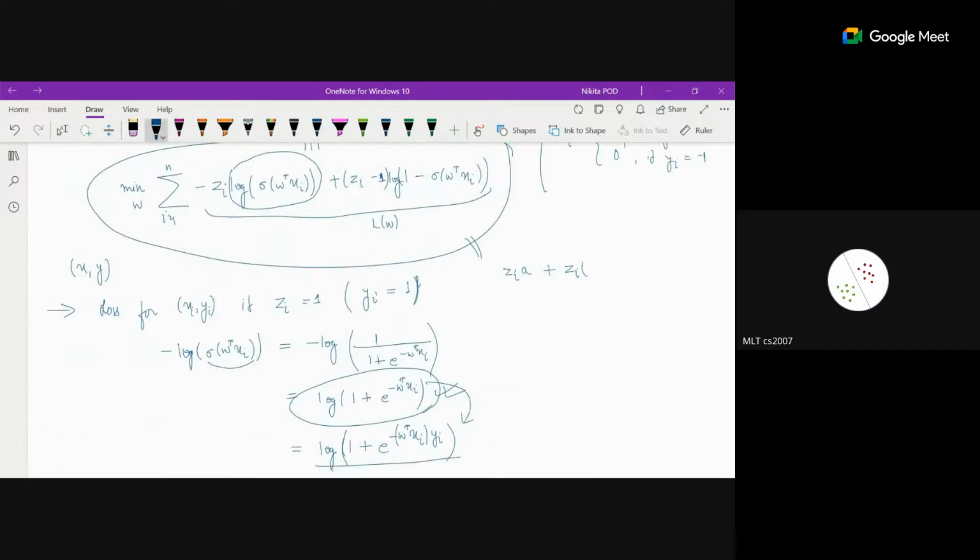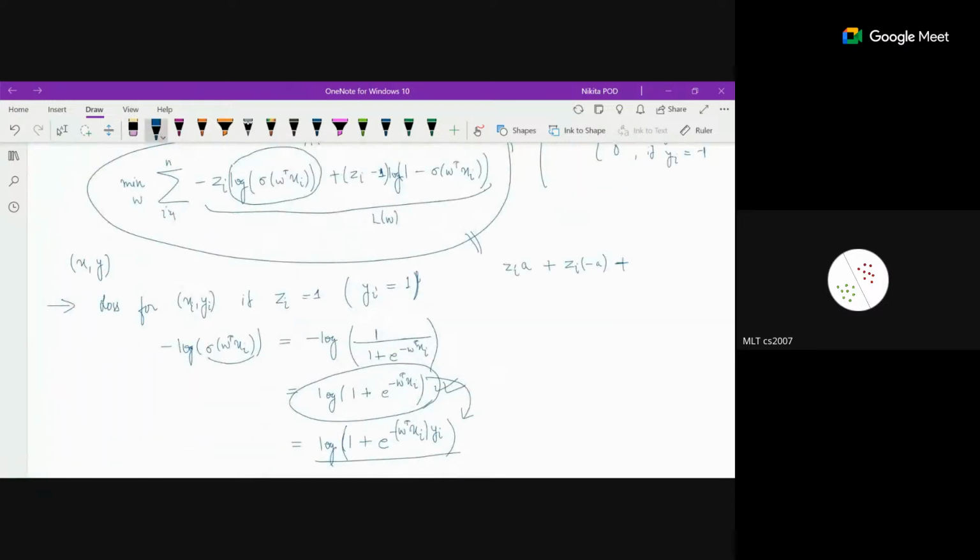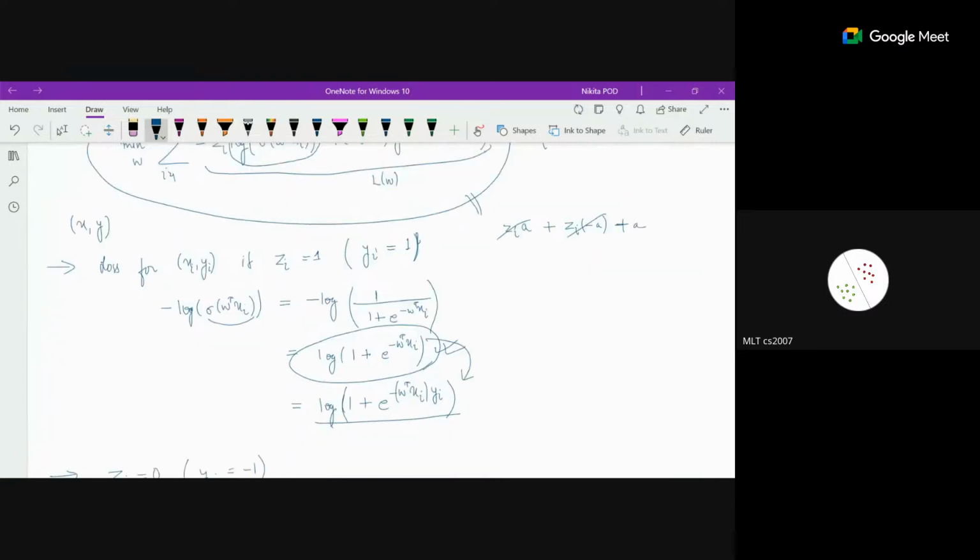So Zi of minus of a minus of this term, which is plus a. So basically this all gets cancelled, and all you are left with is this term, right?